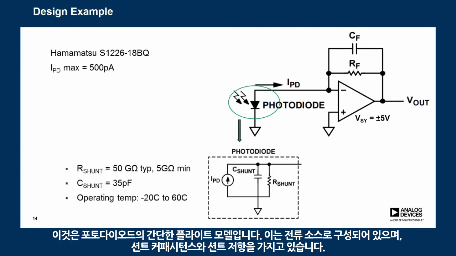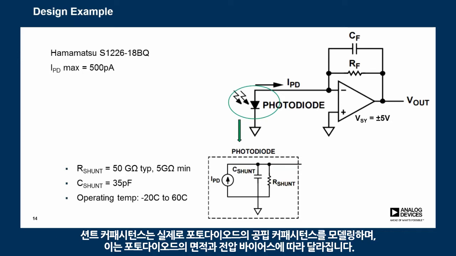So here is a simplified model of the photodiode. It consists of a current source. It has a shunt capacitance and a shunt resistance. The shunt capacitance is modeling the depletion capacitance of the photodiode, and this depends on the area of the photodiode and also the voltage bias.